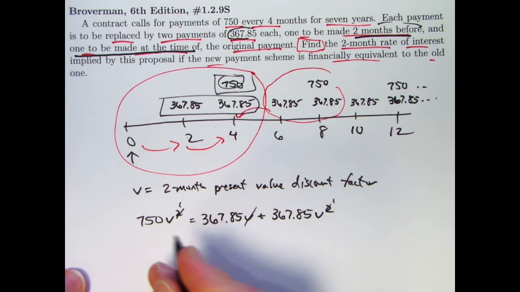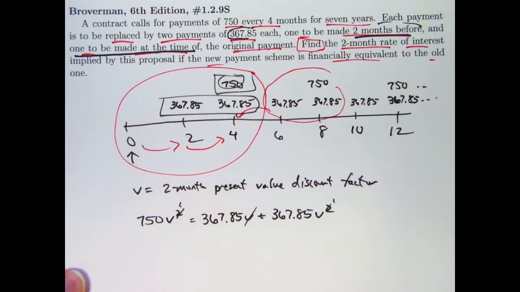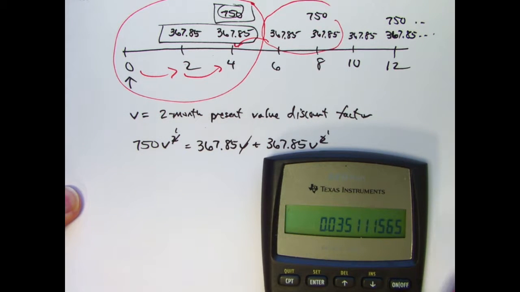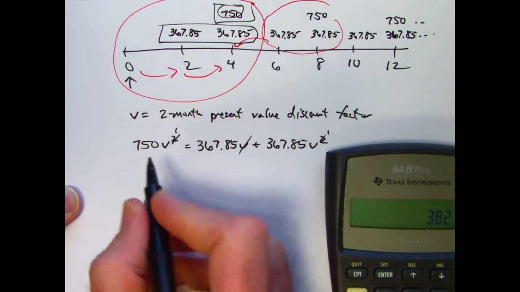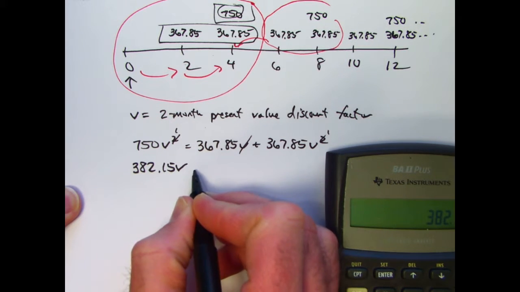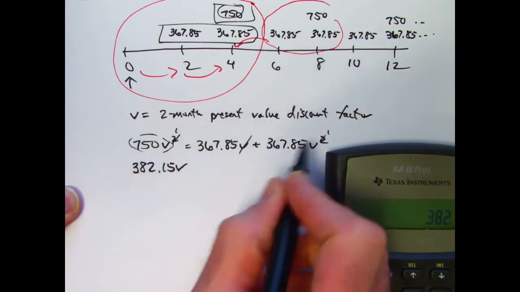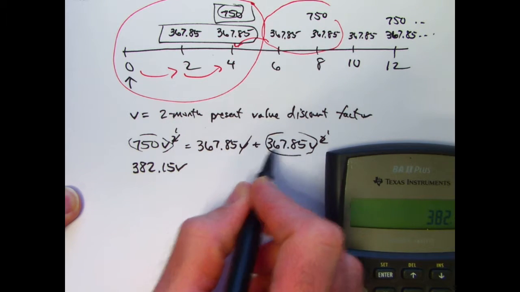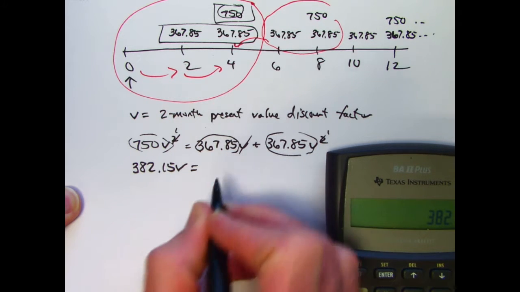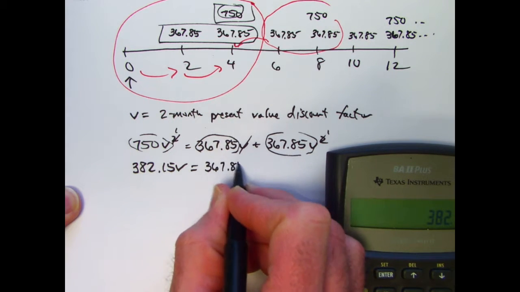Then you could isolate V on one side by taking 750 minus 367.85. On the left side, we'll get 382.15V, coming from 750V minus 367.85V after canceling one of the powers of V, equals 367.85.